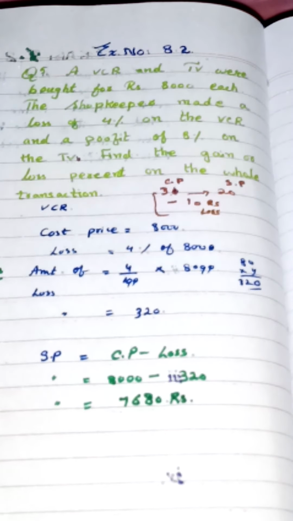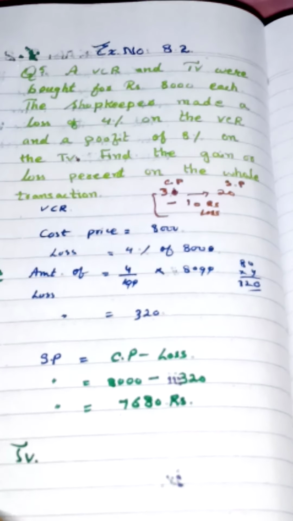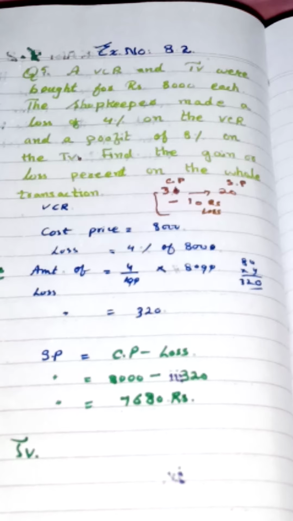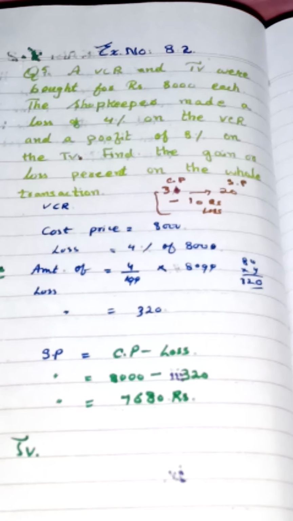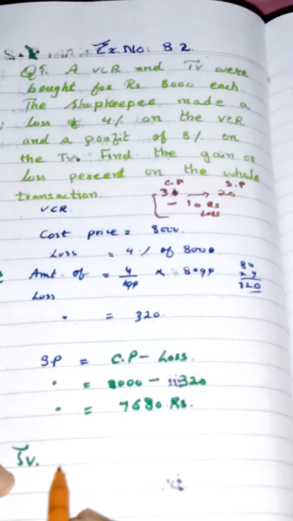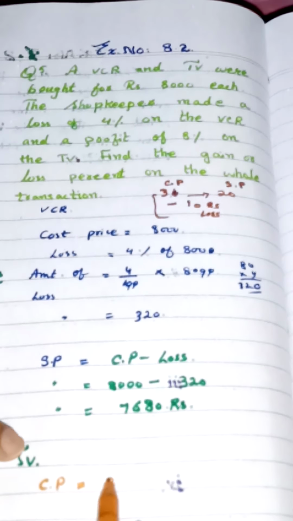Now work for the TV. The cost price of the TV is, you know, 8,000 rupees.